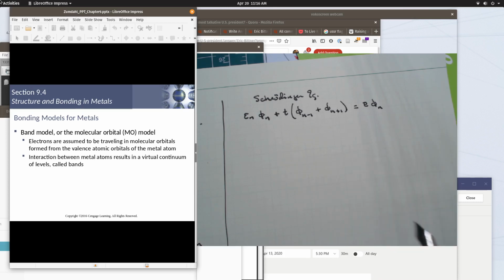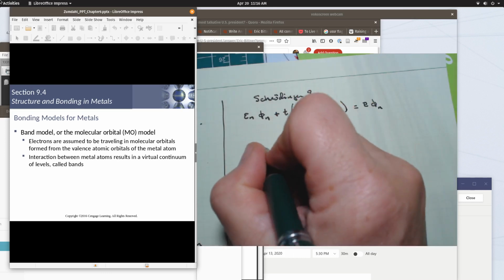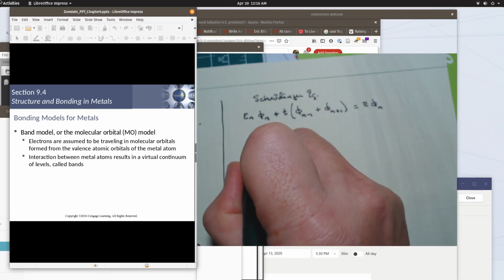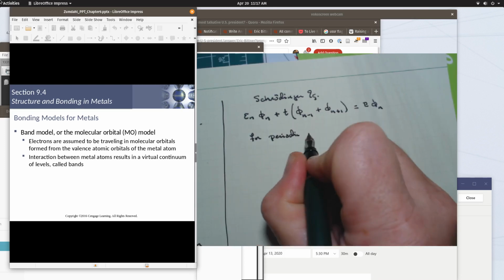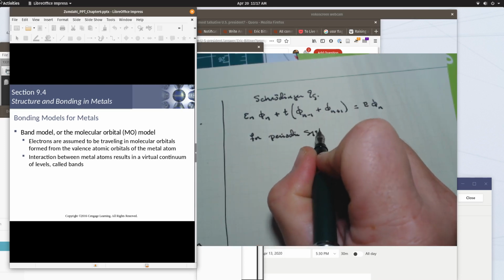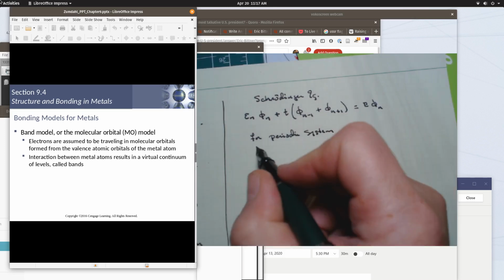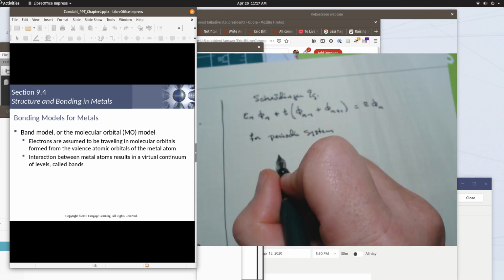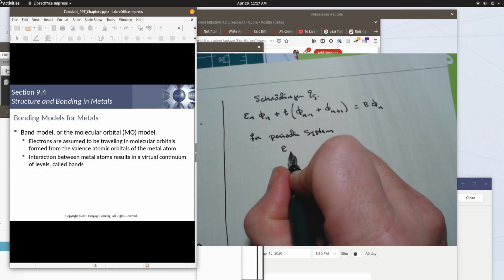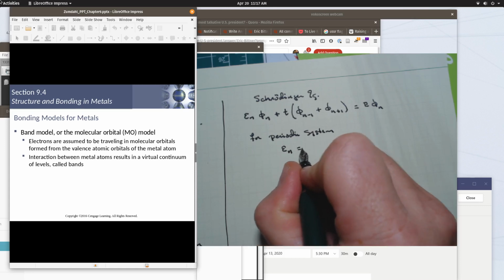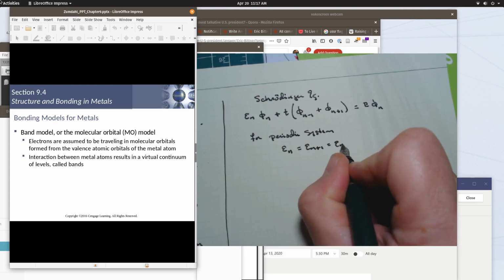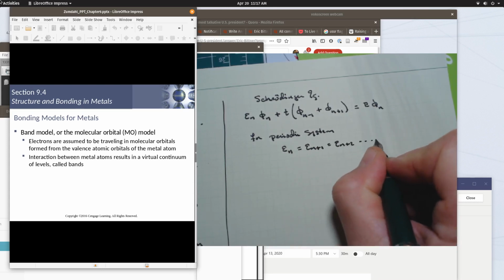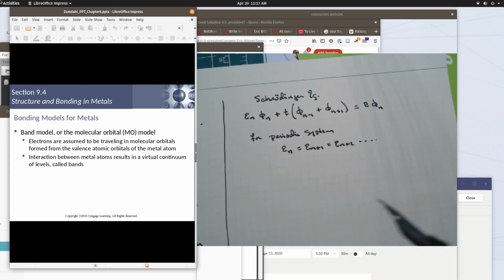So the key, though, is that for a periodic system, all these energies, En, are the same.